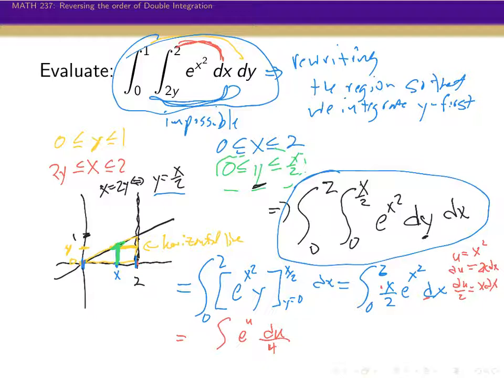And then our new bounds for u are, if x is equal to 0, then u is equal to 0. If x is equal to 2, then u is equal to 2 squared, which is 4.